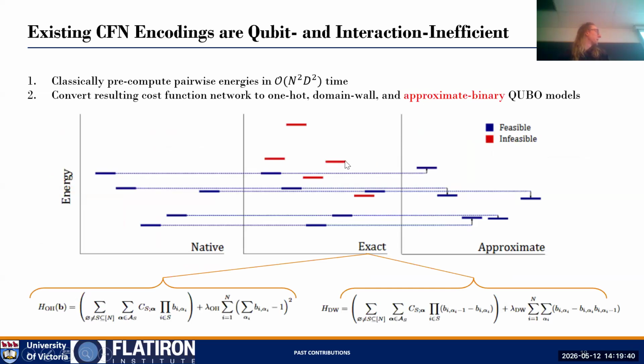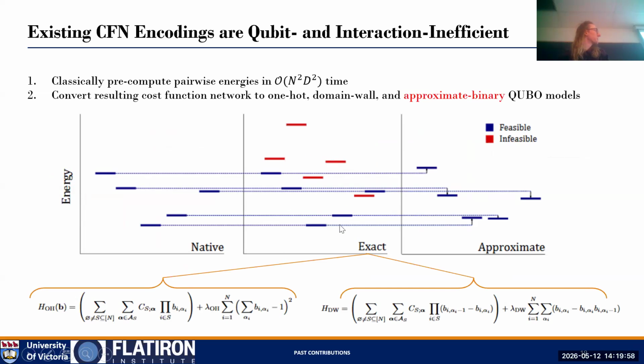So the question I asked was, what can we accomplish if I force two things? One, I want to use the minimum number of bits required to represent the solution space. And two, I want to limit myself to pairwise interactions between bits.